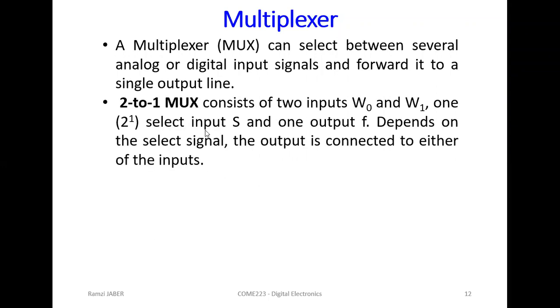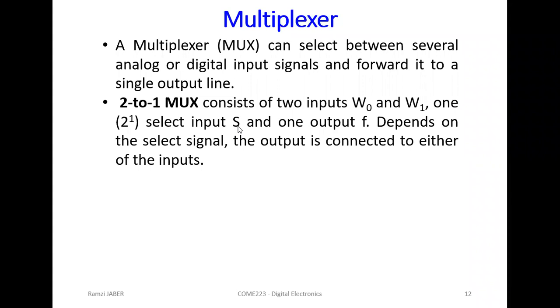The example now will be a 2-to-1 multiplexer. A 2-to-1 multiplexer consists of two inputs, for example W0 and W1, one select input S, and one output.